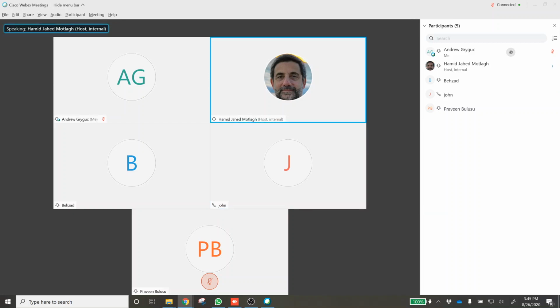Research labs are open, and as Andrew was saying, there are lots of restrictions and safety guidelines that we all follow. So lab use is very limited.